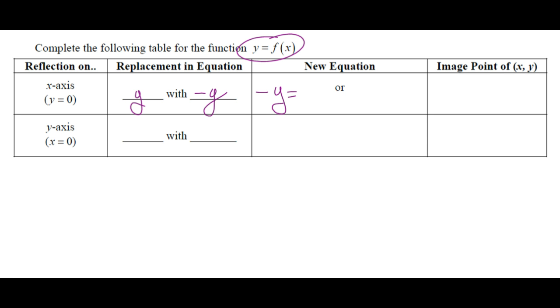Right, because here's the original function, y. So the new function is, or we're more likely going to say what? So when stuff's on the right side, it's just doing what it says it's going to do, right? It's going to make the y value negative, right? The y equals the negative of what it would have been, which is the reflection. Image point of x,y. Okay, you can fill in the next line. Or can you?